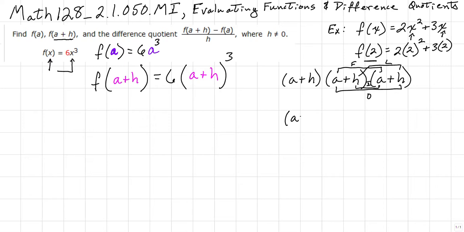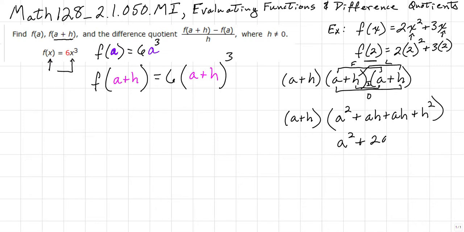This first binomial remains unchanged. And we're going to multiply a times a and get a squared, plus a times h, we get ah, plus h times a is also ah, plus h times h is h squared. Noticing that I can rewrite this as a squared plus 2ah plus h squared.